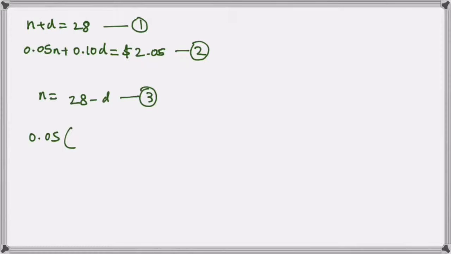So now we will get 0.05 times n, which is 28 minus d, plus 0.10 times d equals 2.05.